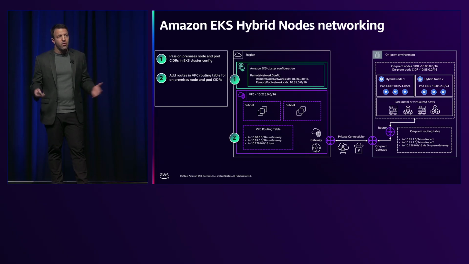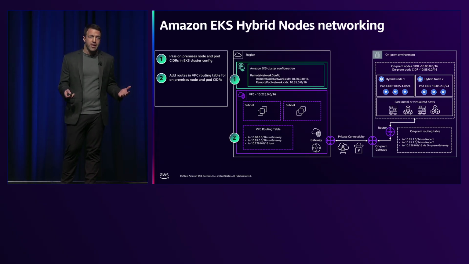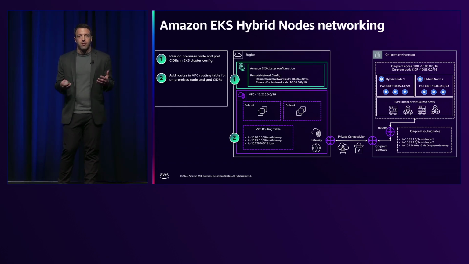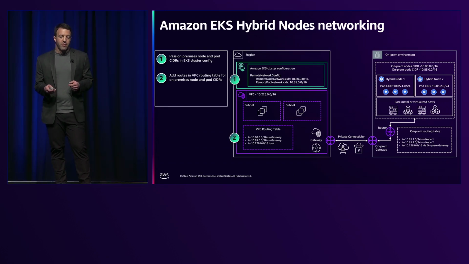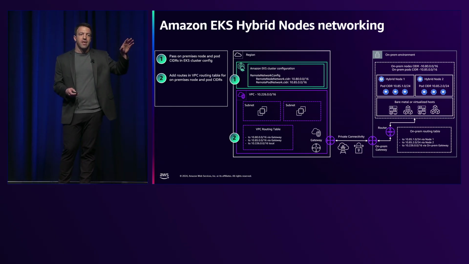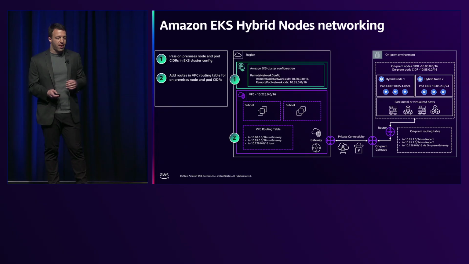As pods are ephemeral, their IP addresses change fairly frequently, so it's recommended that you dynamically advertise pod IP addresses to your on-prem router if you're making your pods routable, using BGP, which is supported for both Cilium and Calico. You'll also need to ensure that those EKS cluster ENI security groups allow for bidirectional communication between the control plane and your on-prem environment.